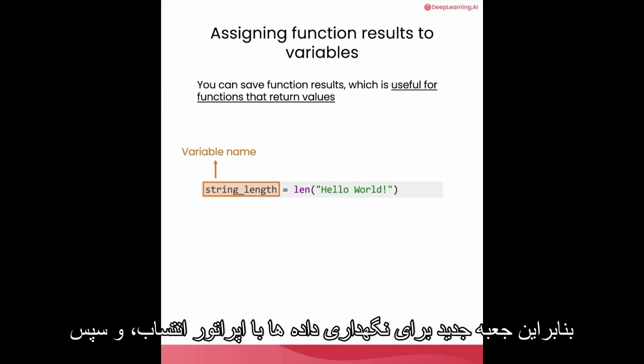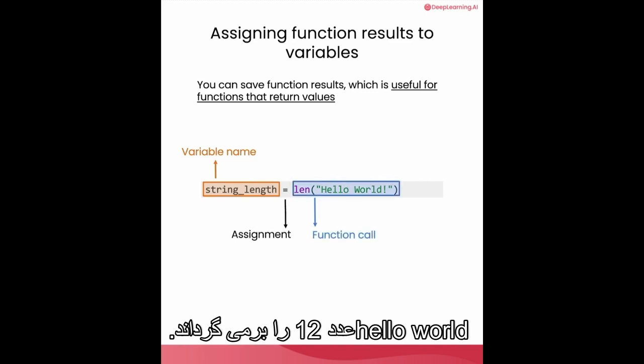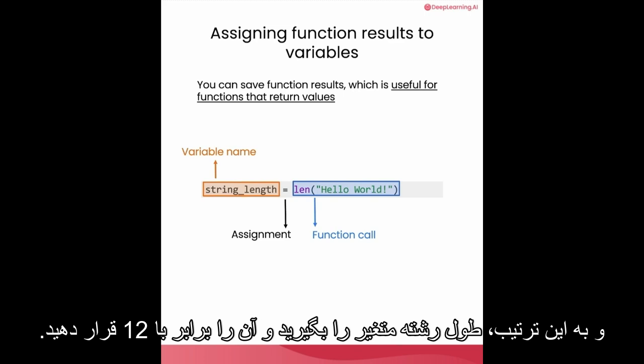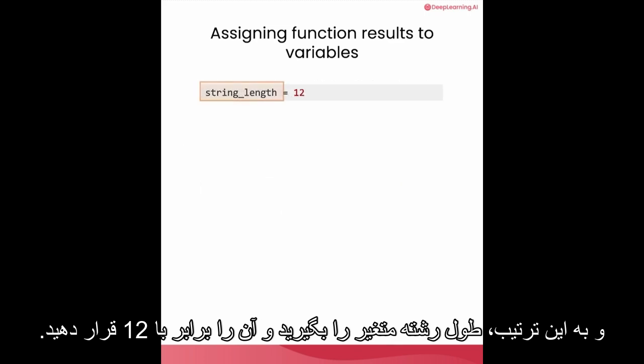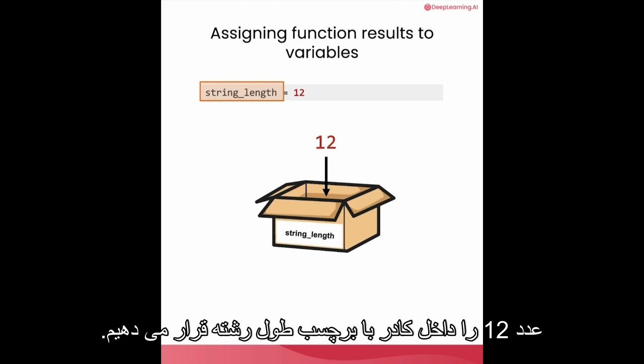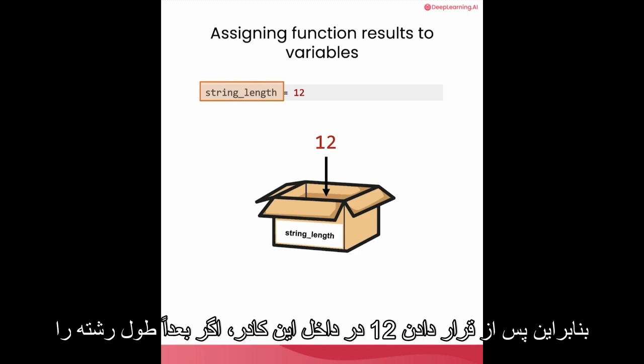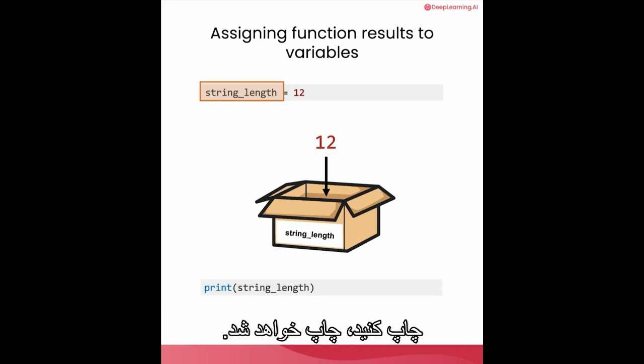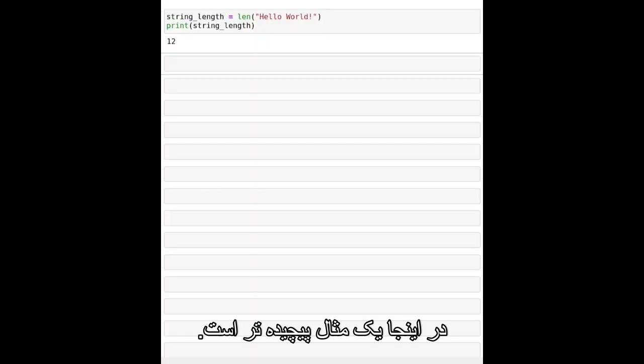So a new box to hold data with the assignment operator. And then len hello world returns the number 12. And so this is saying, take the variable string length and set it equal to 12. We'll put the number 12 inside the box labeled string length. So after you put 12 inside this box, if you then subsequently print string length, it will print out the number 12.